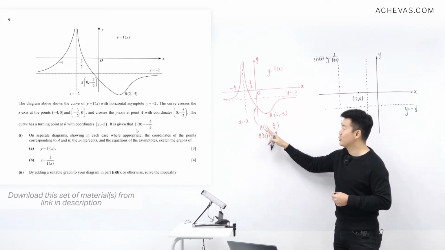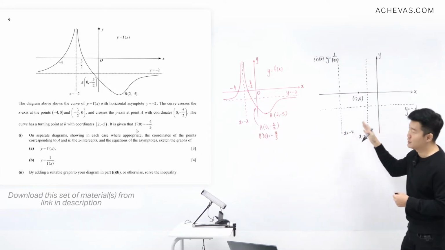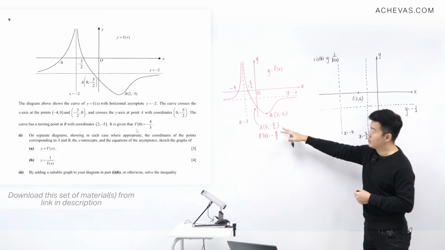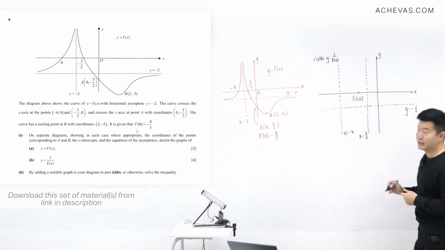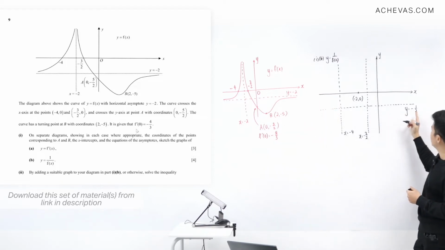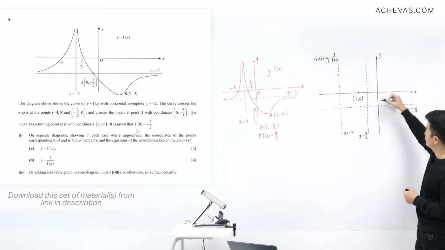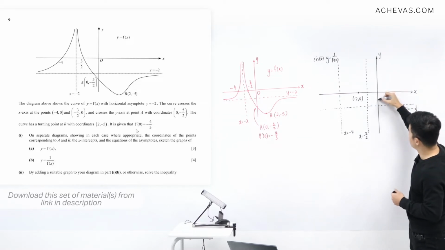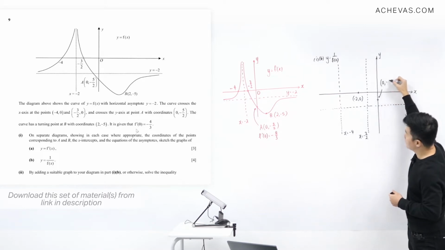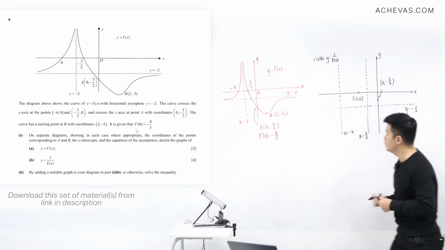So when x is equal to 0, y is equal to -5 over 2. So when x is equal to 0, y is going to be 1 over fx, which is going to be equal to -2 over 5. So -2 over 5 is bigger than -half. So let's say it is going to be somewhere here. So this point here, let me indicate it here. So it's going to be 0 and -2 over 5, the reciprocal of this value.